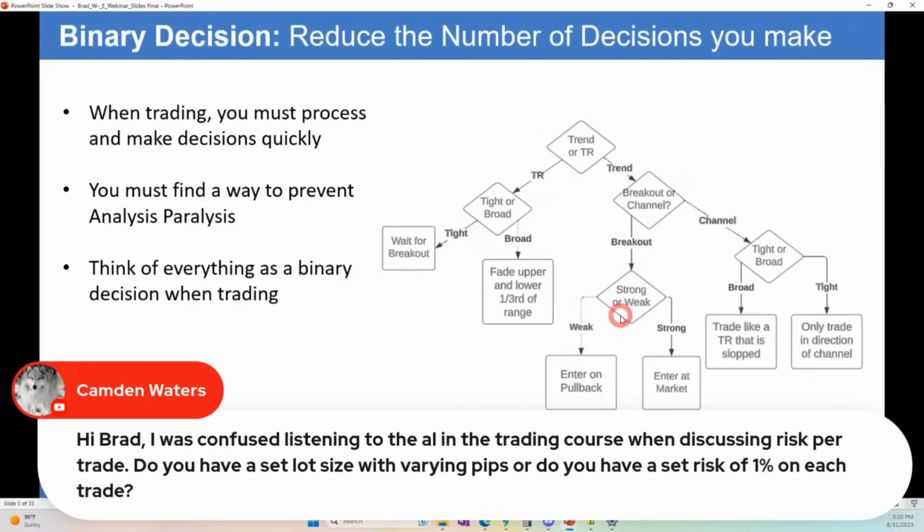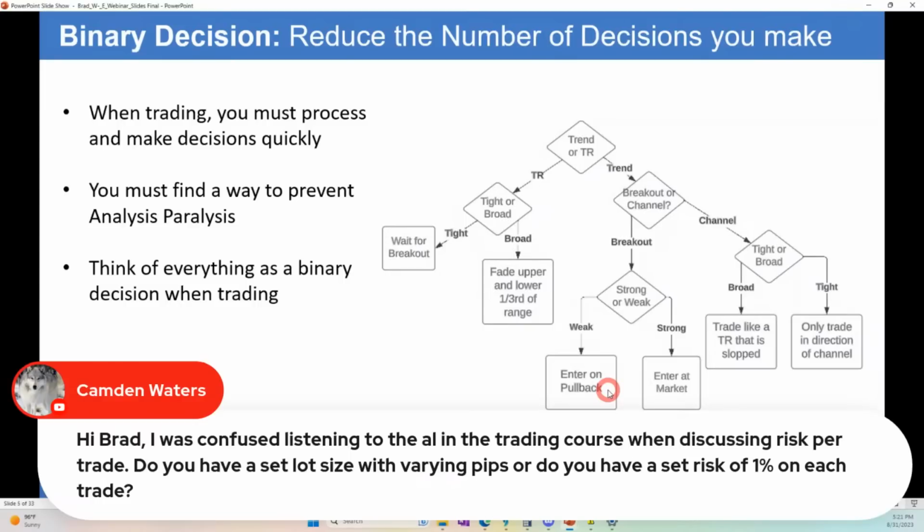I've got to decide if the breakout is strong or weak. And after I decide if the breakout is strong or weak, then I've got to decide what do I do with that breakout? Your mind has only so much capacity to make so many decisions at one moment.